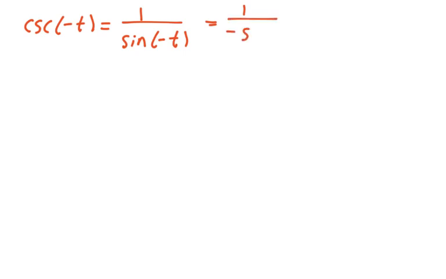So like if we have cosecant of negative t. So this is 1 over sine of negative t. But we rely on the fact that we know that sine is an odd function. And so this is 1 over negative sine t. But remember that 1 over sine t is cosecant t, and we still have that extra negative. So I could write this as negative cosecant t.